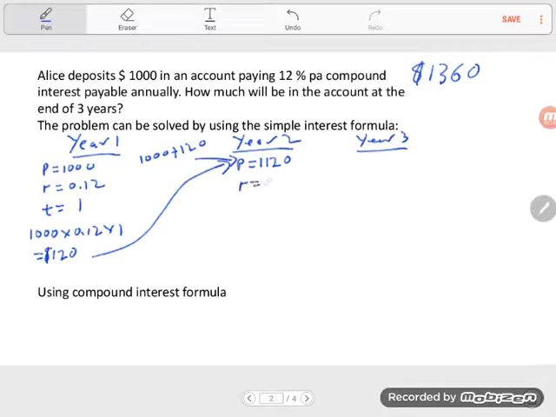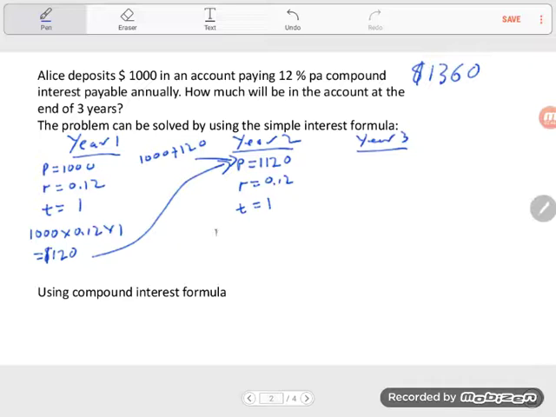The rate stays the same. Now this is interesting. T equals, for year 2, T equals 1. I know that we're in year 2, but because we're going 1 year at a time, this is for a period of 1 year.